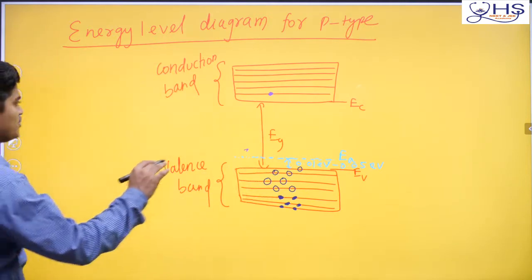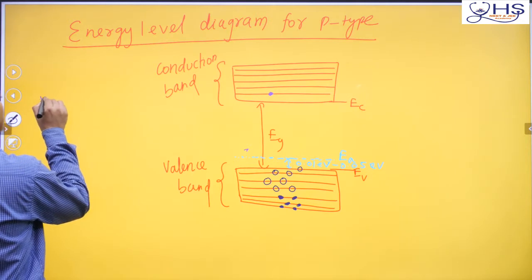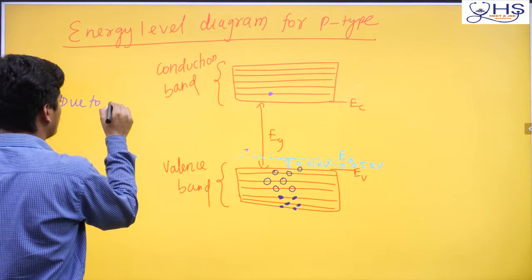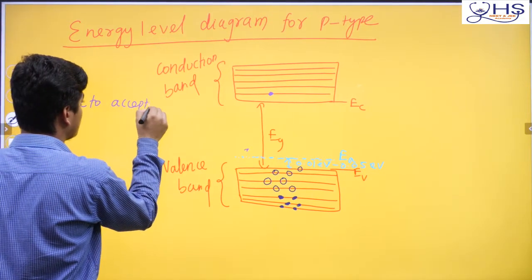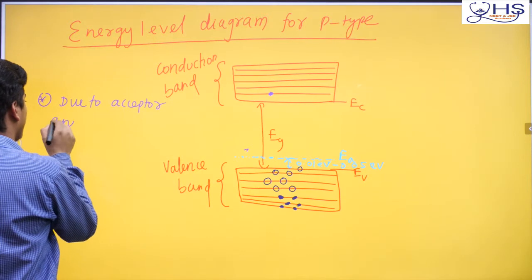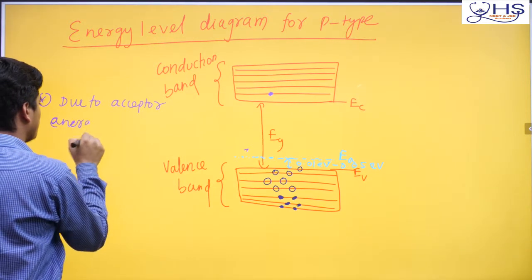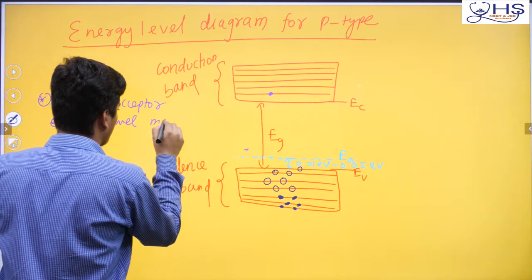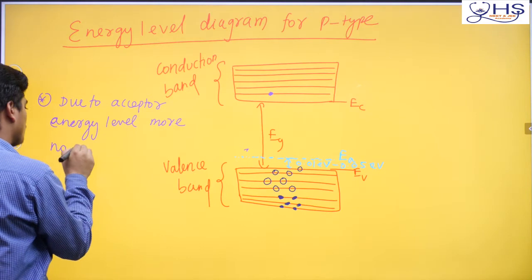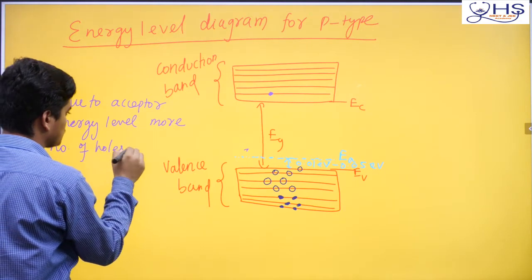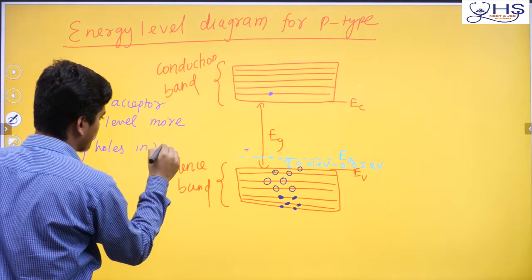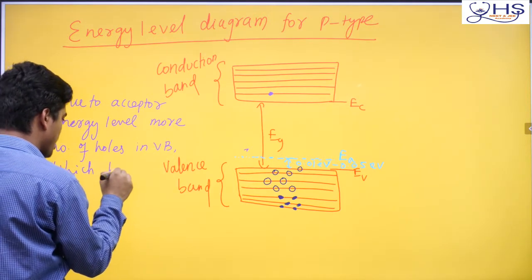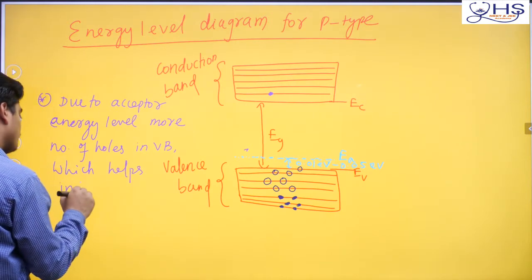Now what is the significance here? The significance of this acceptor you can write the same way: due to the acceptor energy level, more holes in the valence band, which helps in the conduction of current.